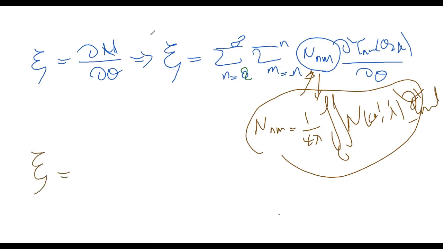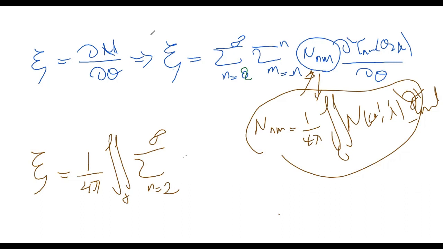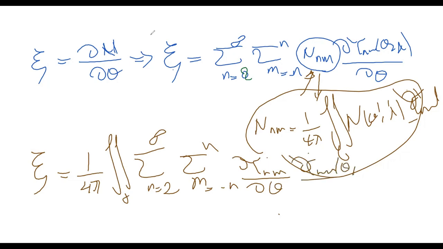I will write the whole equation at once. It will be 1 over 4 pi integral of the sum from n equals 2 to infinity, and it will be the derivative of Y n m over theta, multiplied by Y n m (theta prime, lambda prime).